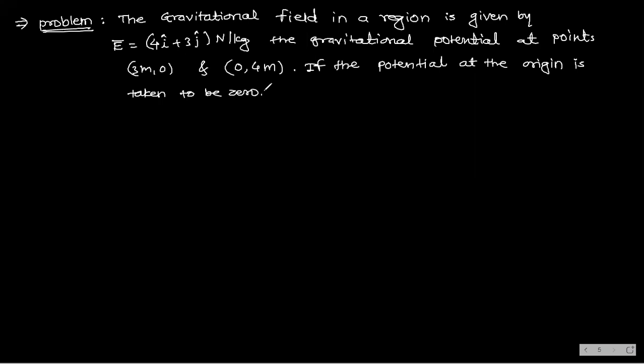Now how to solve this? Listen first. Here there is no vector, you are directly given points. So what is our formula? See here, phi is equal to minus E bar dot dr bar. Directly use E bar dot R bar, a direct dot product. First point, initially I am taking it as Ri bar, this is 3i cap plus 0j cap.